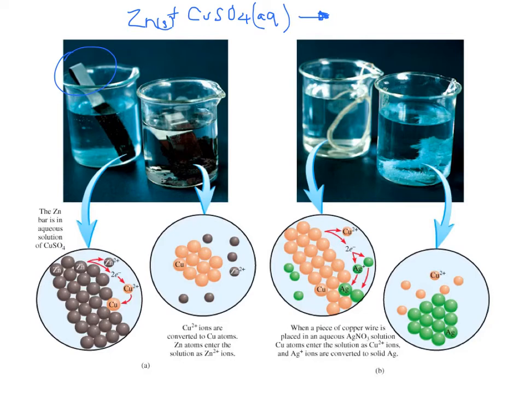What ends up happening is the electrons from the zinc get passed to the copper ions floating in solution and subsequently reduce the copper 2+ ions, and you end up with this nice, beautiful reddish copper that starts to form on the zinc bar.